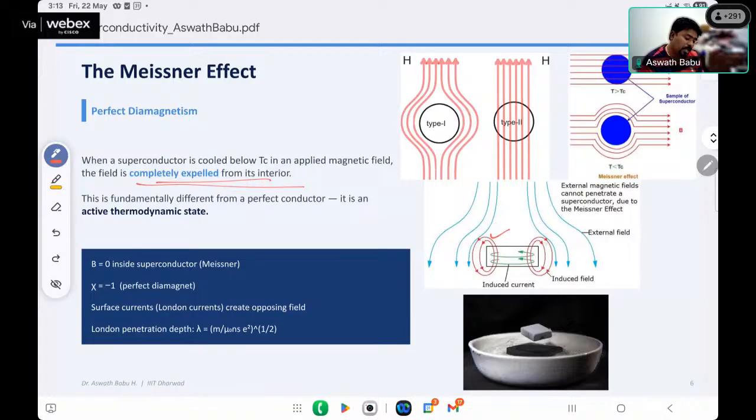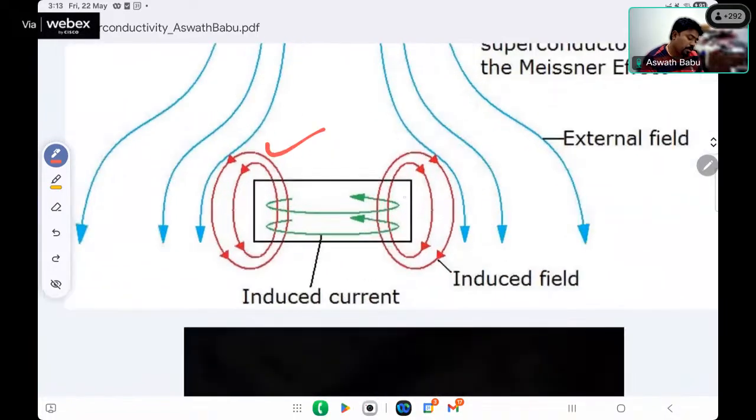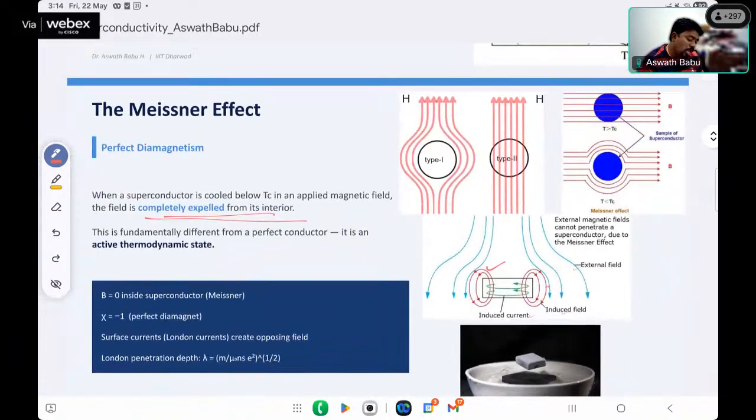You see, the red color ones are coming down, and the magnetic field lines are going to repel in such a way, like magnetic field lines, these two are going to repel. The magnetic field lines never cross, you see. So due to this induced current and induced magnetic field, the external magnetic field gets repelled by the induced field. This is the Meissner effect for you. When will this switch on? Only when the temperature is below a certain threshold value, the critical temperature.